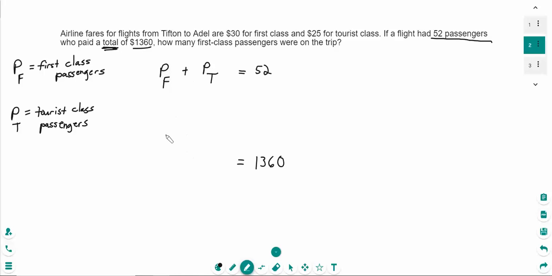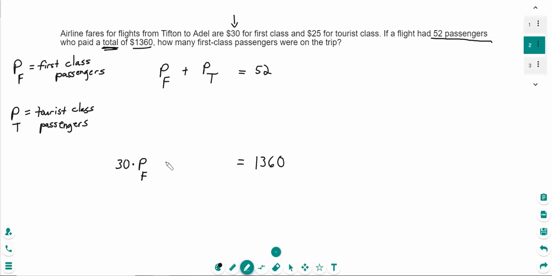Well, think about the process that you would use. You would take the number of first-class passengers and say, well, they all had to pay $30. So I'm going to take 30 times the number of first-class passengers, which I don't know that number, so I'm just using, again, my first-class passenger variable. All right.